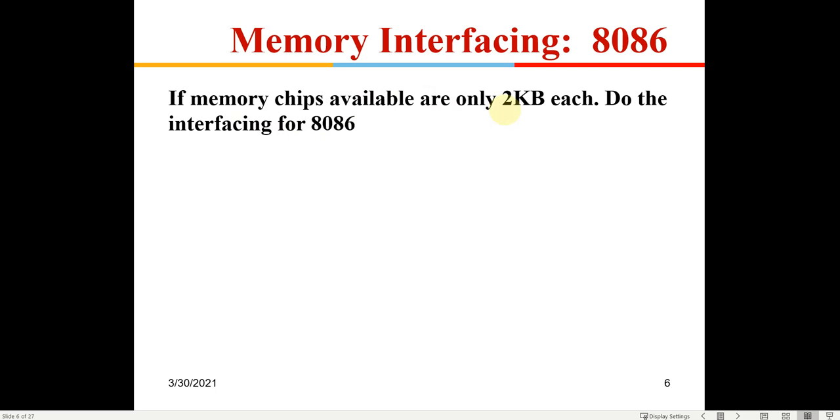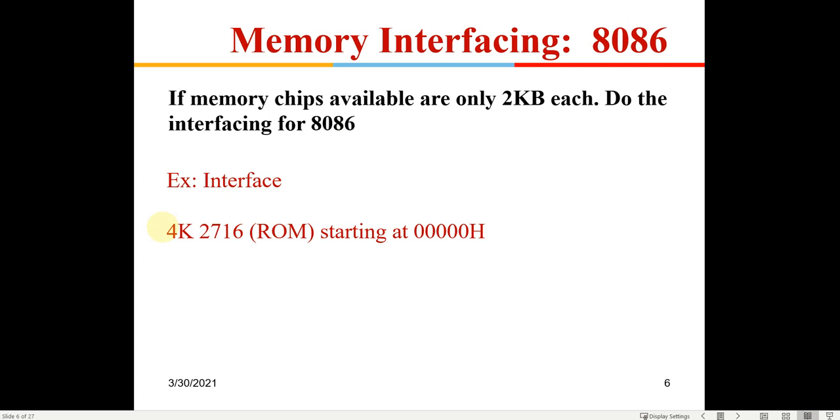If only 2 KB memory chips are available, how do we interface them with 8086? Suppose we want a total 4K of memory, and the chip given is 2716. This keeps coming up everywhere; it is one of the common ROM chips, so you need to remember that it is a 2 KB memory chip with an 8 bit word length.